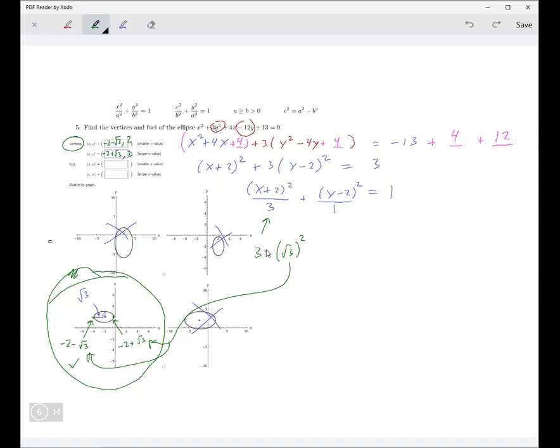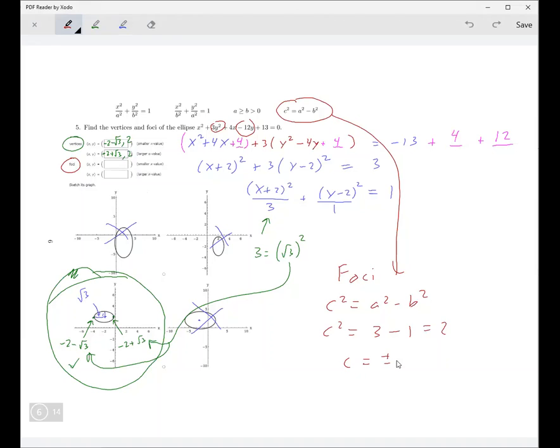Now, for the foci, okay, for the foci, you use this equation here. And a squared will be 3, and b squared will be 1. So that's 2. So c is √2.